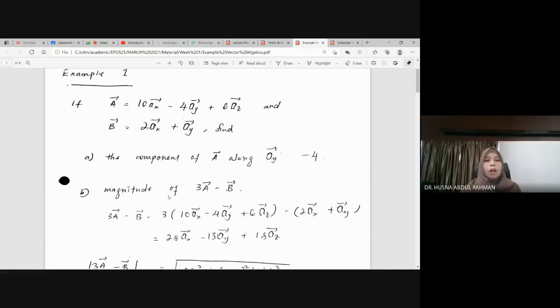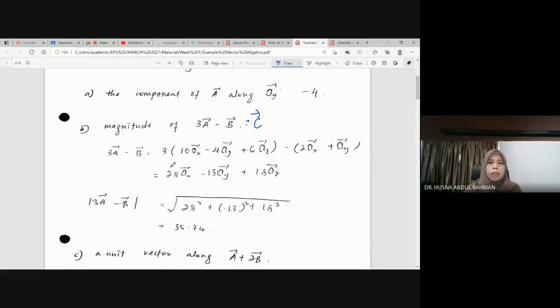B, magnitude of 3A minus B. First you have to find what is 3A minus B. You can say this is actually another vector. Let's name it vector C. So first you have to find this vector C: 3 times vector A minus vector B. You do the normal algebra: 3 times all of this, and then you minus this.